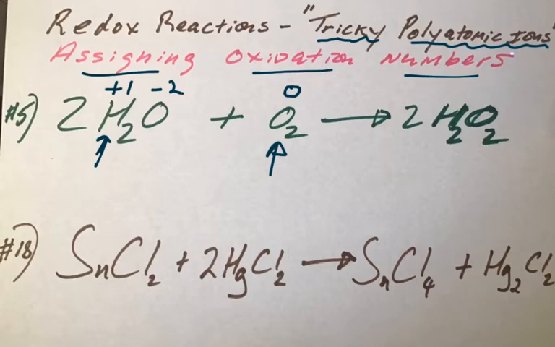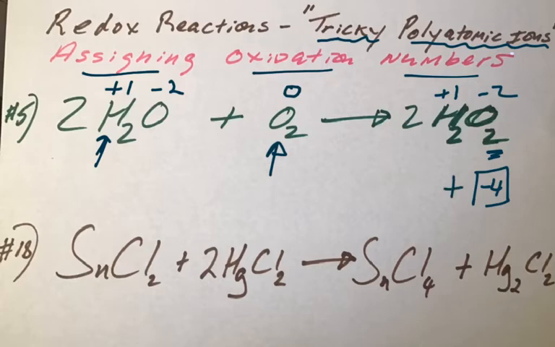Okay, good. Now, the temptation here might be to say, I know oxygen is -2, so I'll put a -2 there, and I know hydrogen is +1. But what happens if you call this -2? You have 2 oxygens, each -2. So what's 2 times -2? It's -4.